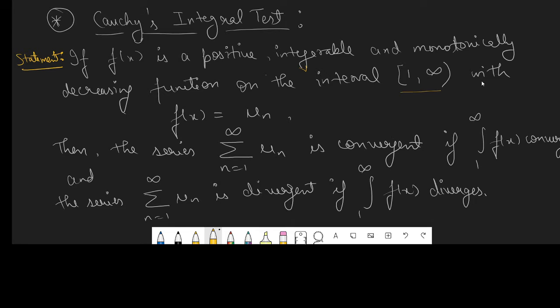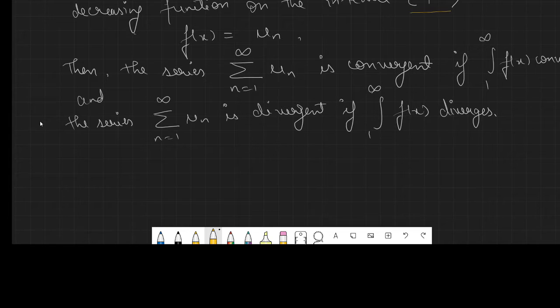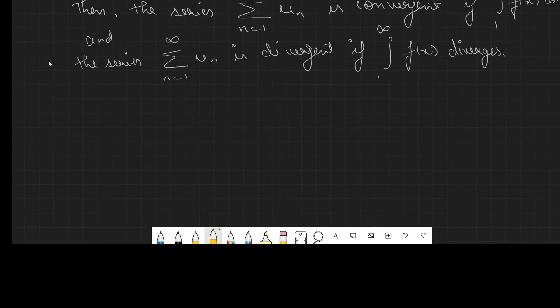With f(x) equal to un, the series summation n equal to 1 to infinity un is convergent if the integral from 1 to infinity of f(x) converges, and the given series will be divergent if the integral of f(x) is divergent. So don't get confused with this 1 to infinity. 1 is basically the first term from which the series is starting.